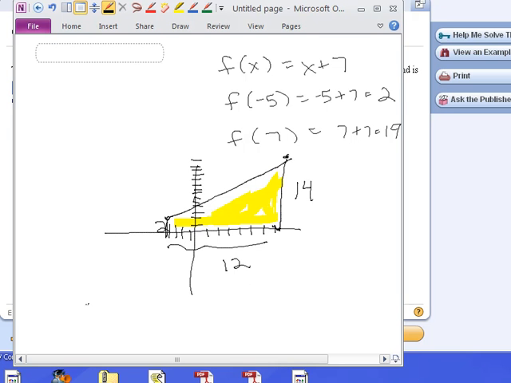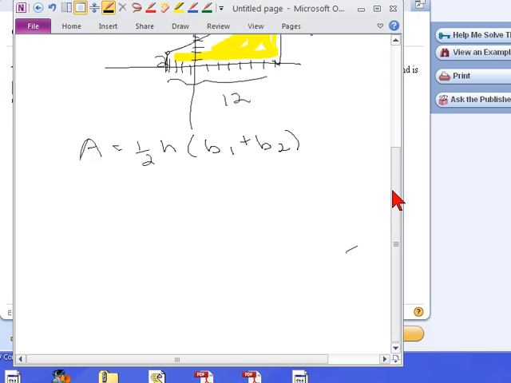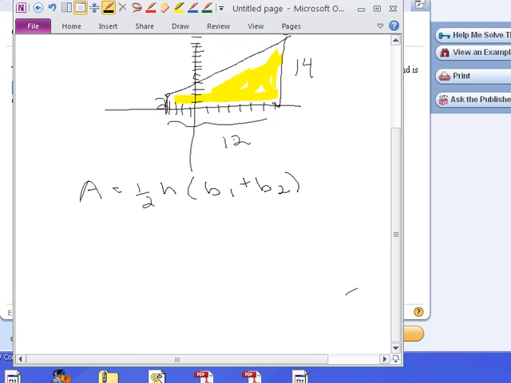So the formula for the area of a trapezoid is area equals 1/2 times the height times the sum of the parallel bases. Our height was the 12, because that's the distance between the parallel bases.